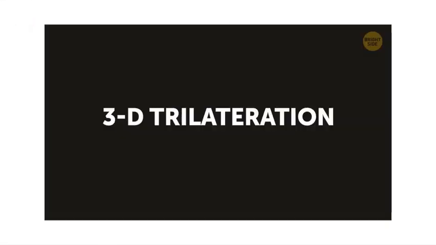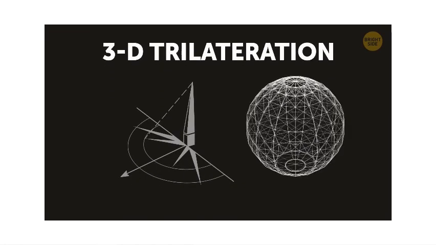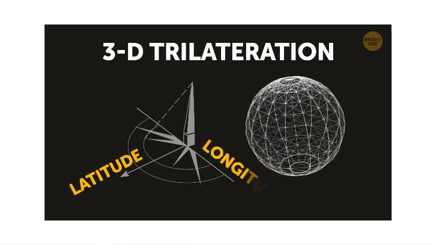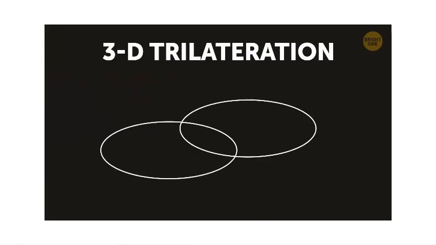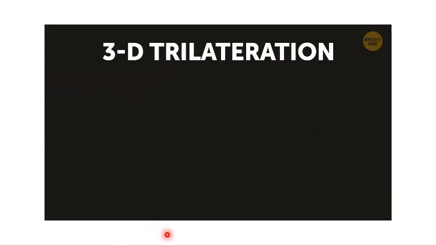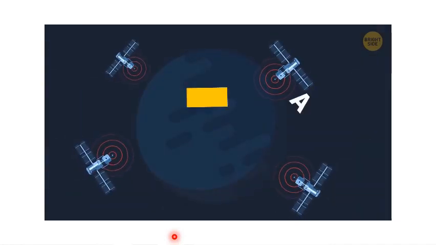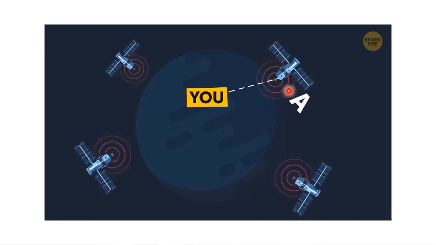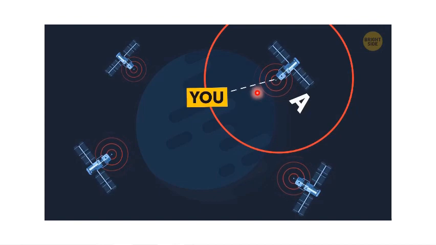Now I will be explaining 3D trilateration through animation. So I told you we have 3D spheres. For 3D positioning, we need latitude, longitude, and altitude. Suppose we are here and we get a signal from satellite A. Now we draw a sphere from that.